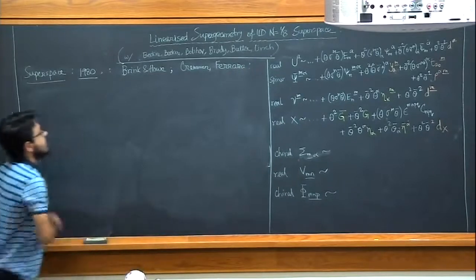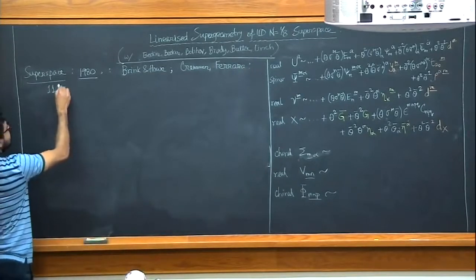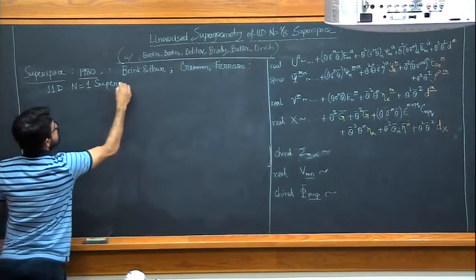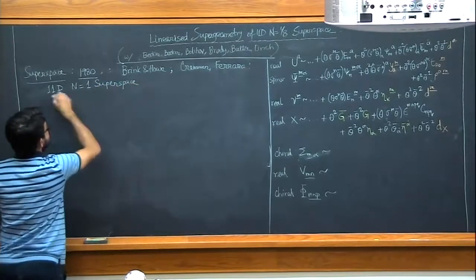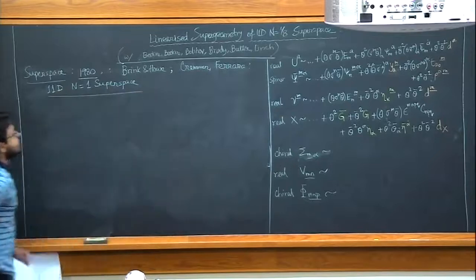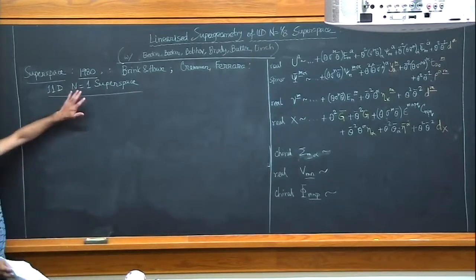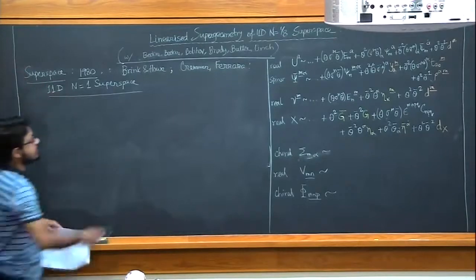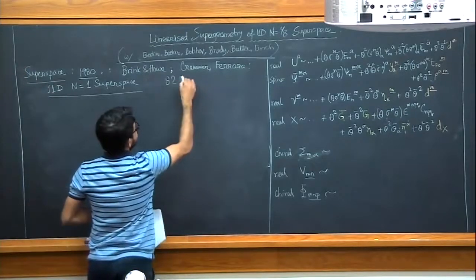They both constructed the 11-dimensional N=1 superspace. By N=1, we mean that this is a minimal supersymmetry in 11 dimensions, so it has 32 real supercharges.